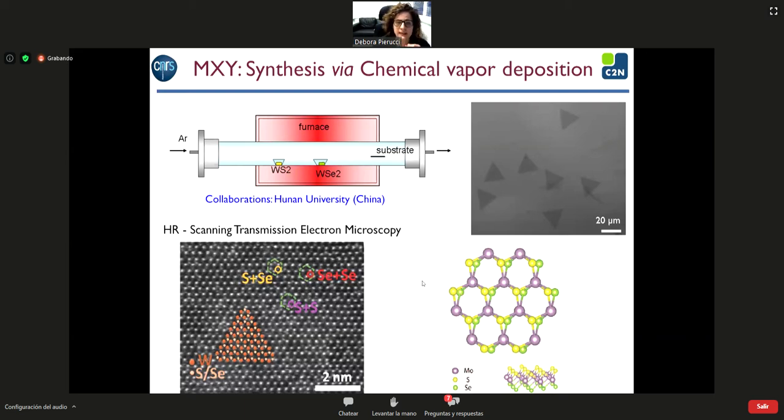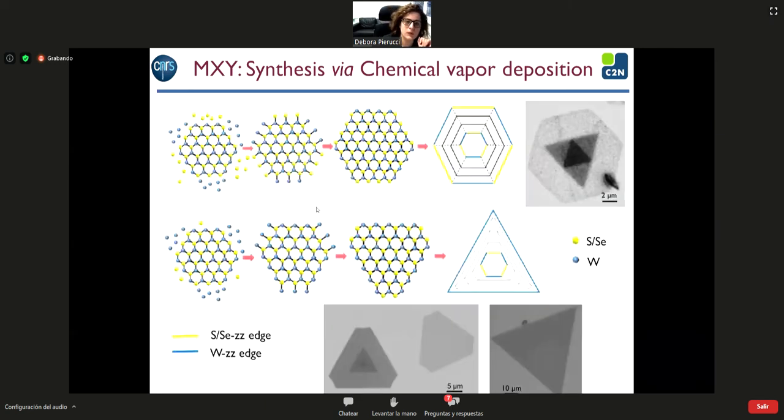All the flakes whose data I will show you now were grown by our collaborators in China at Yunnan University. We said that most of the flakes have this triangular shape and are monolayer, but this is true on our substrate.